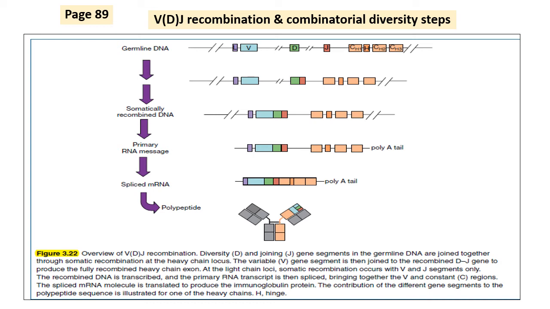The light chain exon is constructed from a single V to J gene segment join. At the heavy chain locus, a D segment is first joined to a J segment, then a V segment is joined to the combined DJ.